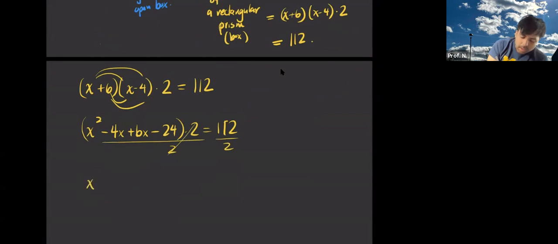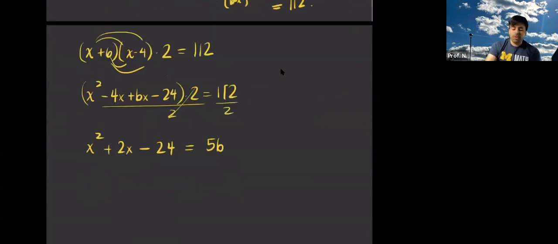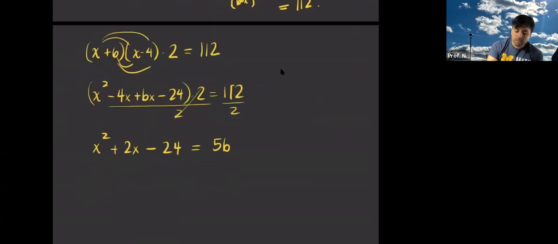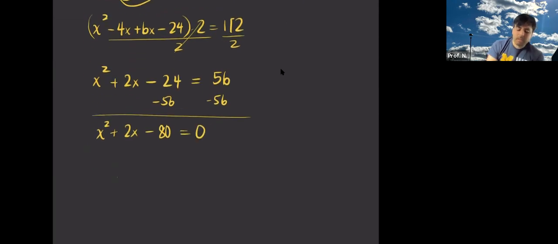And then I get x squared plus 2x minus 24 equals, and if you divide 112, you get 56. But of course, I want to solve this equation. Subtract 56 on both sides. So I get x squared plus 2x minus 80 equals 0.